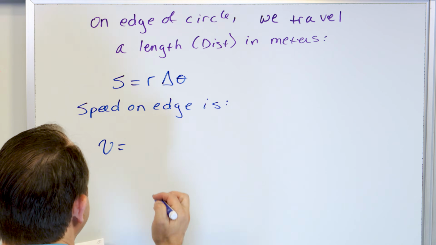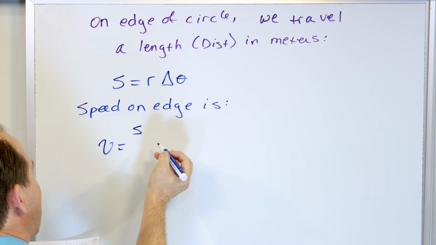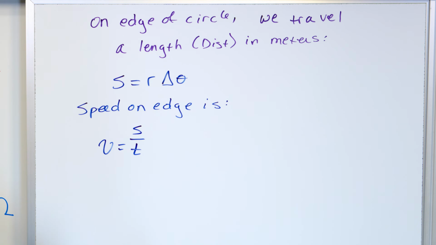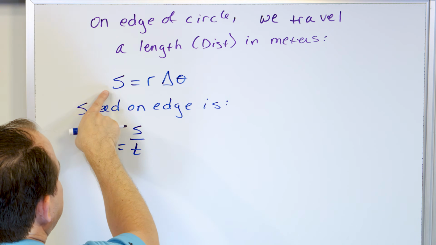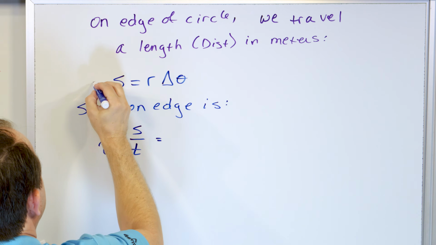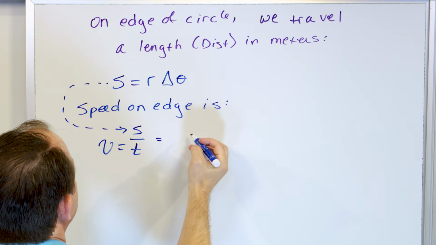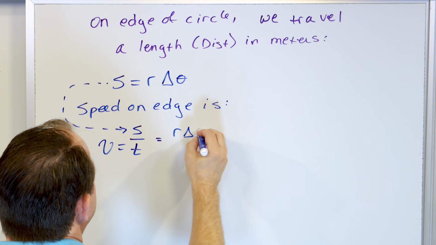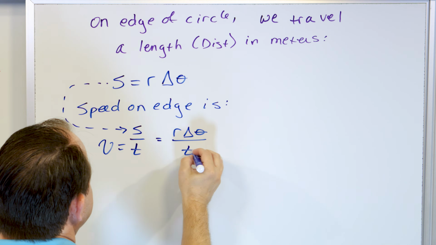But still, it's distance divided by time. But the distance along the edge is just the arc length divided by however many seconds it took to sweep that out. But we already know what the arc length is. It's r times delta theta. So we'll just replace this and put it in here. We'll say r delta theta divided by t.